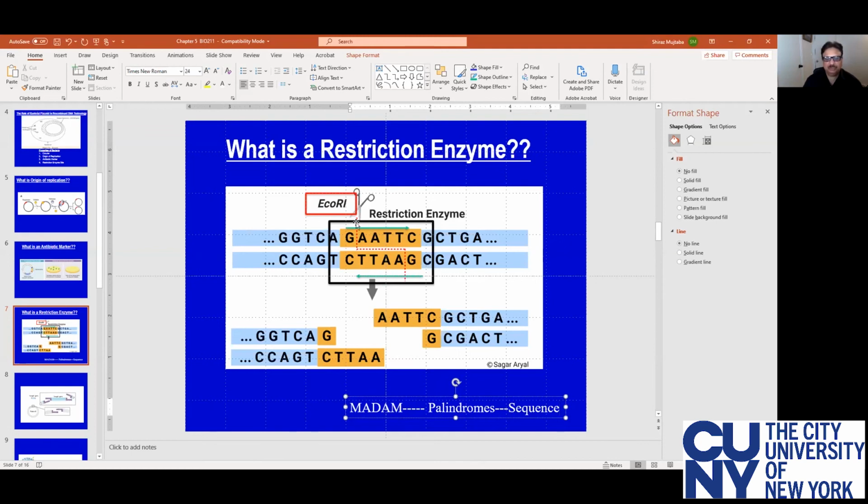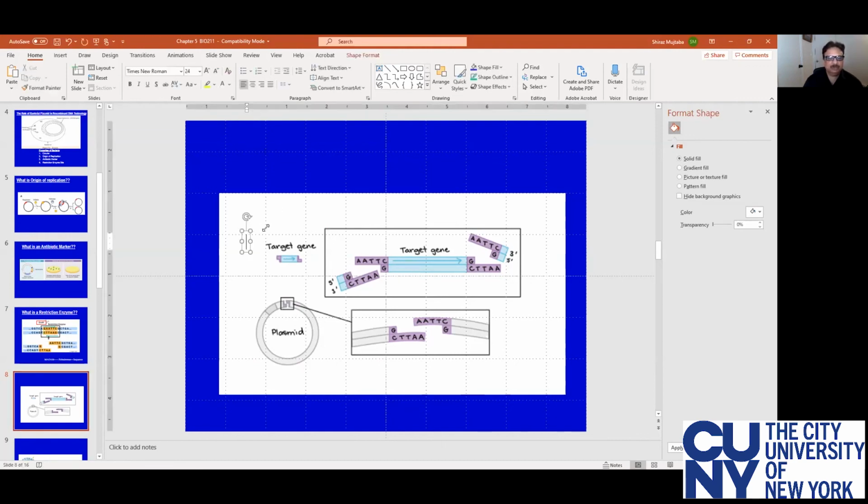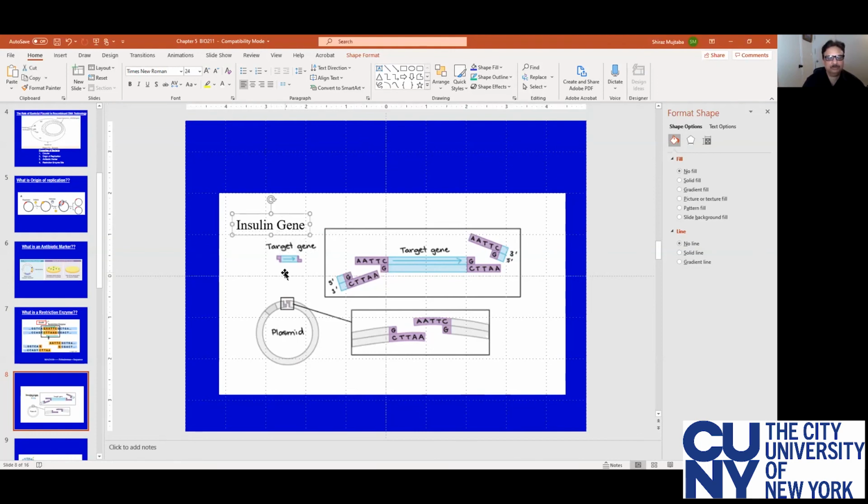These restriction enzymes can cut the DNA at a very specific site. When the restriction enzyme cuts the DNA, the cut site on the plasmid can serve to insert the target gene. The target gene in our case was the insulin gene. The target gene can be inserted into the plasmid through cutting and pasting.